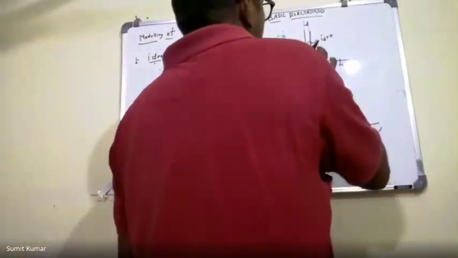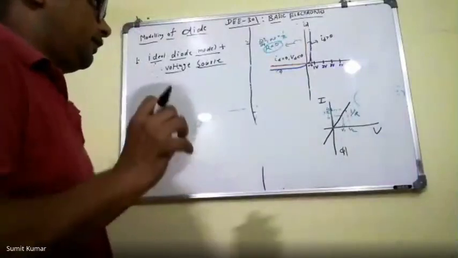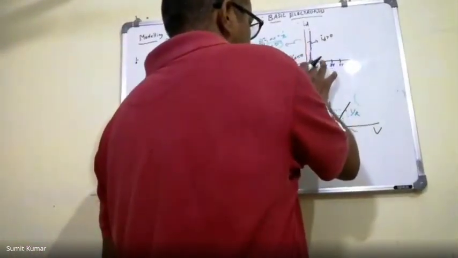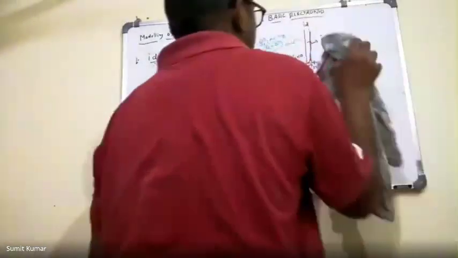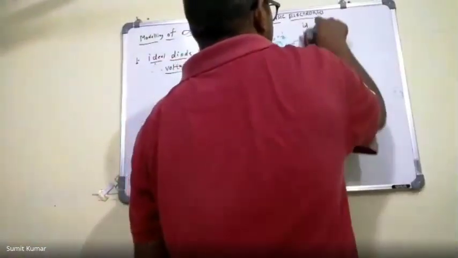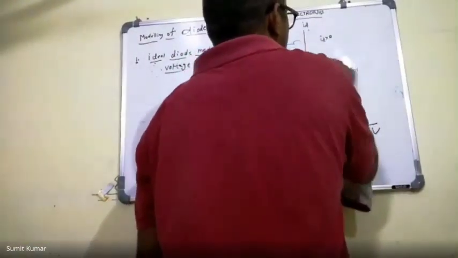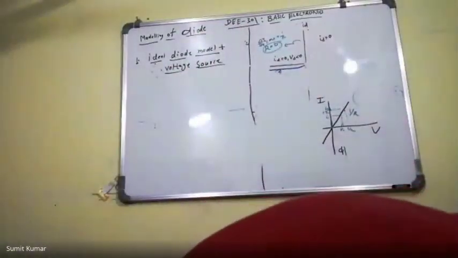So if I want to make a better model, I can shift this characteristic. Let me draw the diagram again with the shifted characteristic.